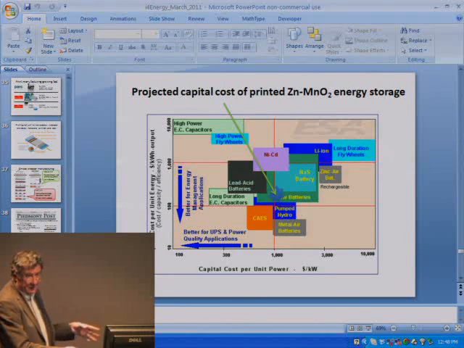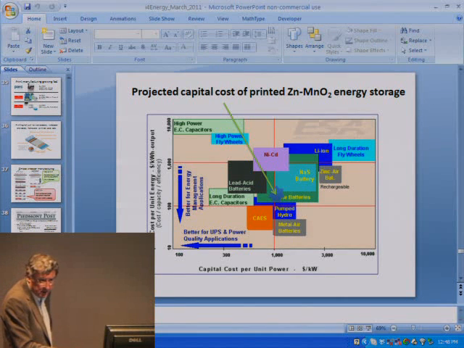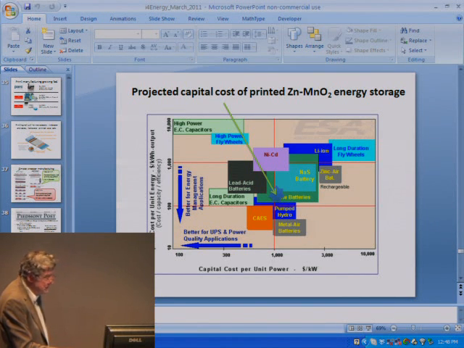I don't know the company. There's been a lot of work at University of New South Wales, and there's a spin-off company from there which has generated a lot of data in this area. In fact, I think I plagiarized this slide from one of their presentations. Yeah, sorry, they're flow batteries.